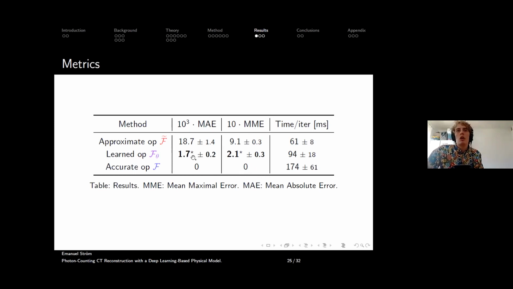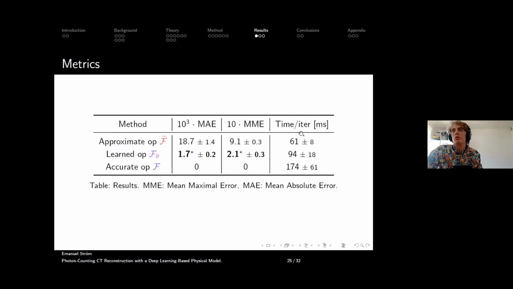But the main point here is that the learned forward operator gives about a factor of 10, like a 90% reduction in both of these errors, which is nice. And it's worth noting as well that the error of the accurate forward operator is necessarily going to be 0 because we're comparing it to itself. So we're only interested in comparing these two essentially. We're using this approximate forward operator as a benchmark.